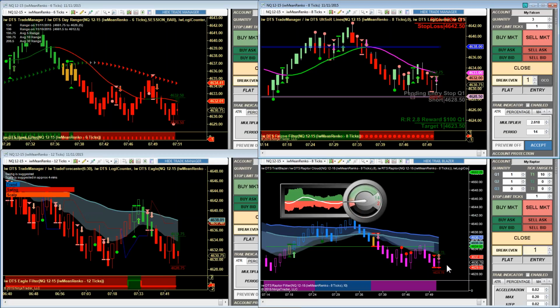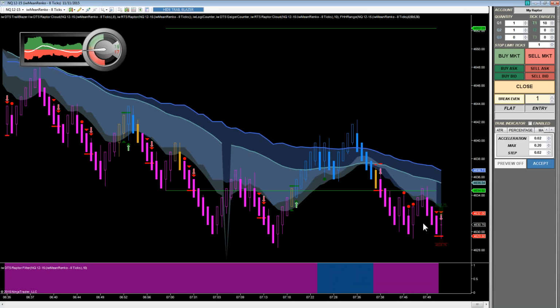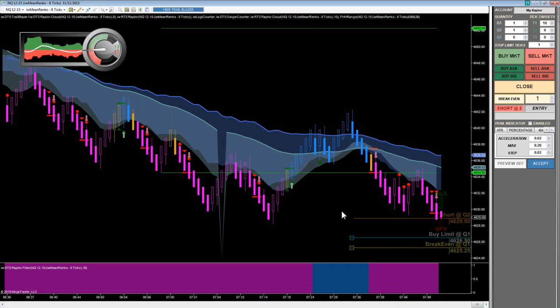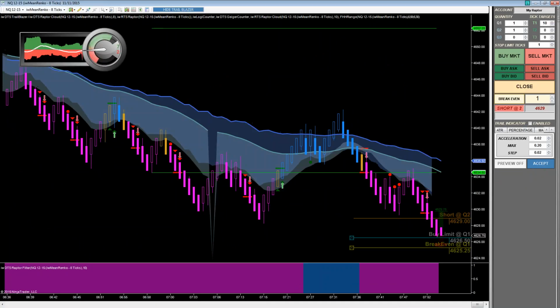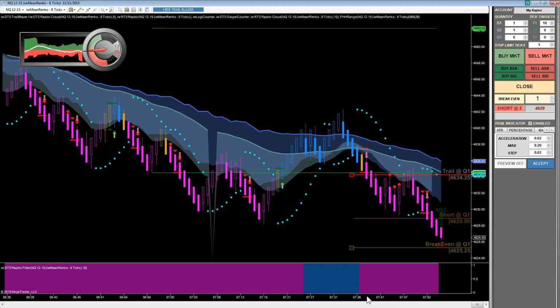So, comparable signal here on the Raptor. We're getting the hard edge sell. So you could sell below there or below these current lows, whatever. And we'll get a stop loss in play here. Sure, let's go with the parabolics. Why not?